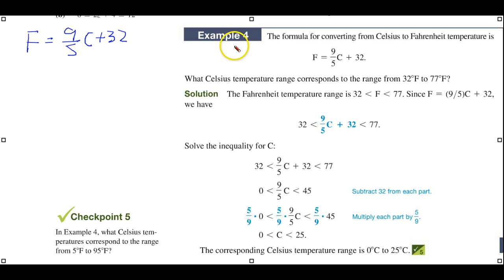In example 4, they're going to feature the conversion formula of Fahrenheit to Celsius, and they're saying our Fahrenheit temperatures are 32, and our Fahrenheit is 77 on this end.